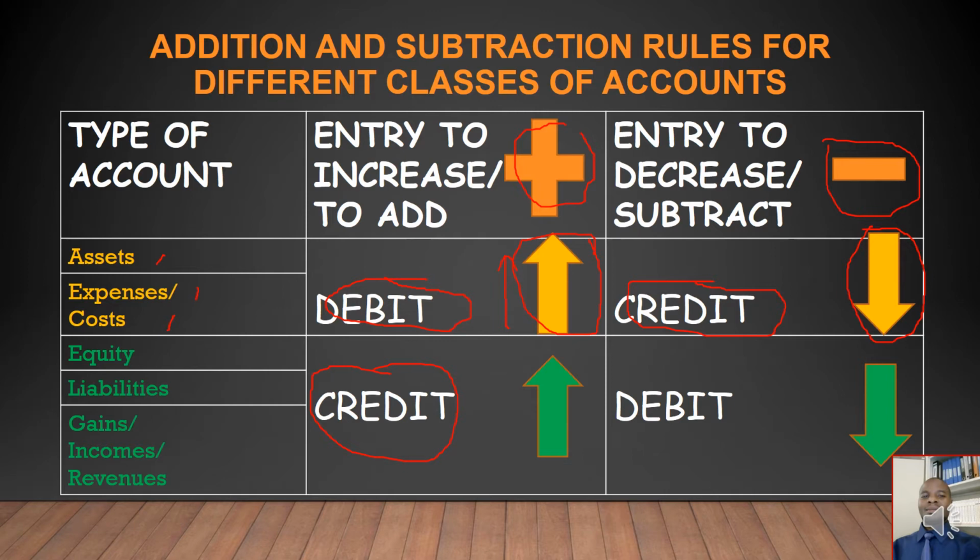And in the same line of thought, if you are decreasing equity, if you're reducing the capital, if you're reducing a loan, if you're reducing revenues, sales, commission received, what do you do? You debit. So a debit in an equity, liability, or gains account simply means that you're reducing, whereas a credit simply means that you're increasing.